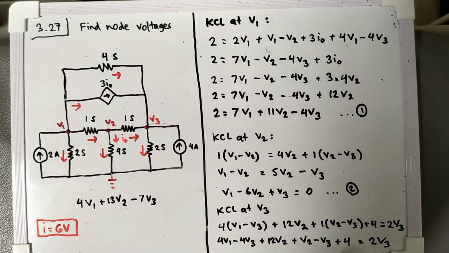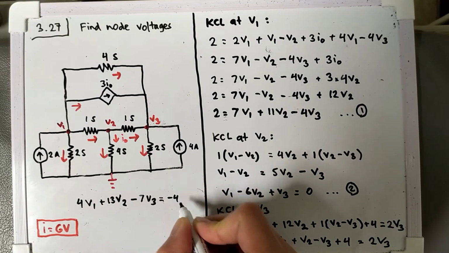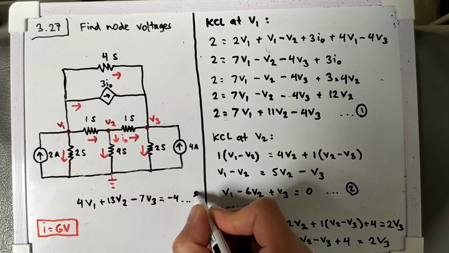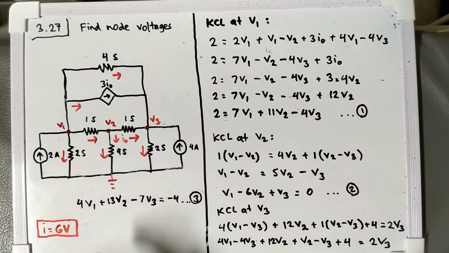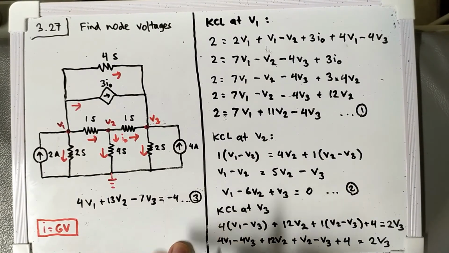And for the last one, it is 4. I move it to the right-hand side, so it is minus 4. Let's save this equation as equation number 3.